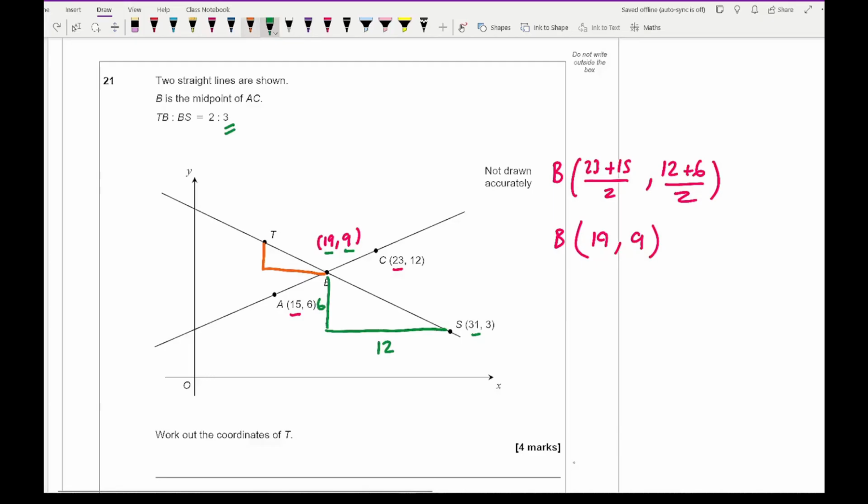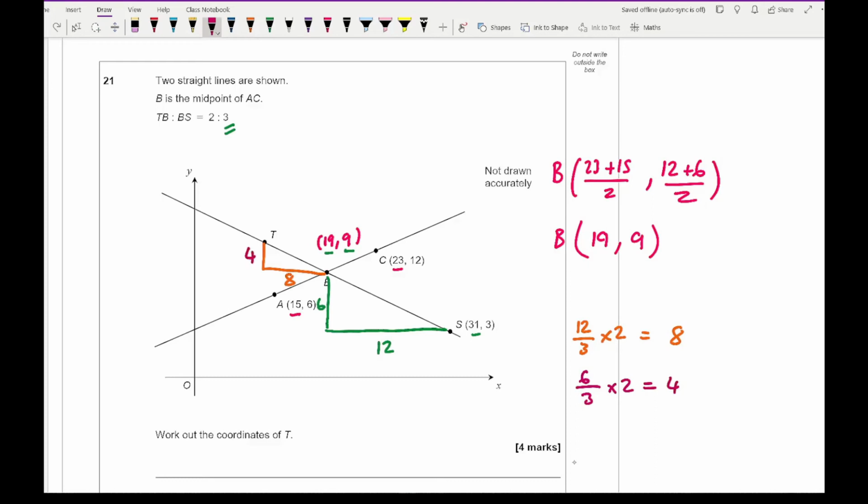So this base, if I do 12 divided by 3 times 2, that gives me 8. So that's going to have a distance of 8. And if I do the same with the 6, 6 divided by 3 times 2 gives me 4.